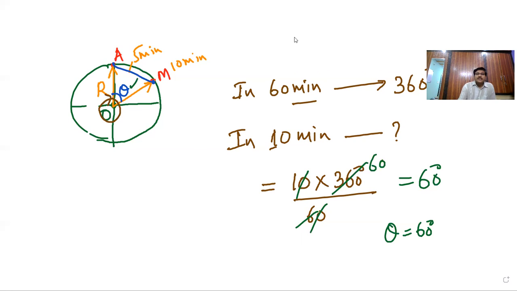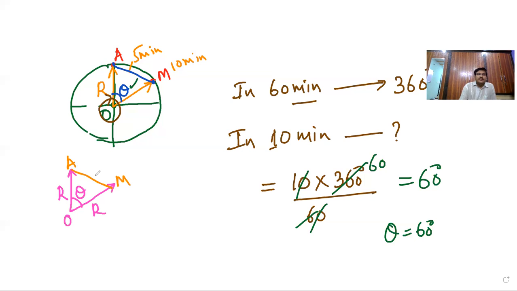In this case, a simple formula is present. If you observe here, if this is R, and this is also R, this is the point O, and this is theta, clear? On this, from initial to final point, A to M is required.